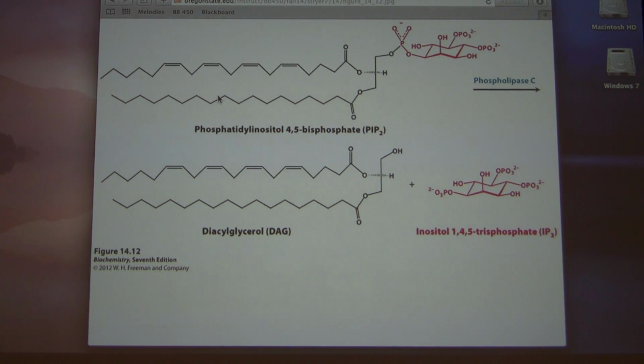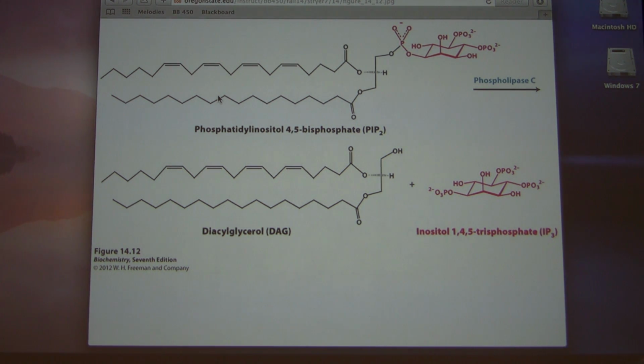Another mechanism that is a signaling mechanism that's found inside of cells involves activation of another enzyme. And this also works through a 7-TM. I don't have a figure showing you this 7-TM. But this 7-TM ultimately activates an enzyme called phospholipase C. Now I'm talking about a different signaling mechanism here.